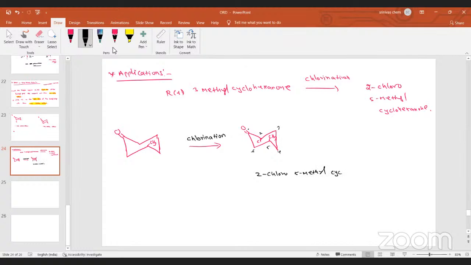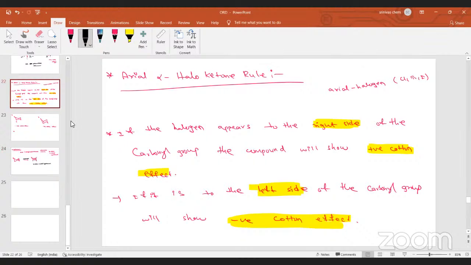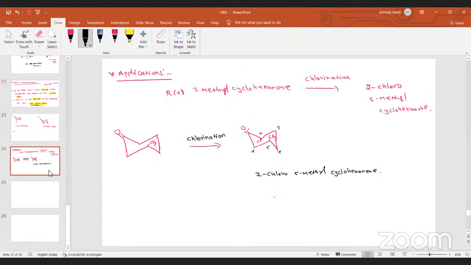Here the halogen is presented on the left side of the keto group. According to the alpha haloketone rule, if the halogen is on the left side of the carbonyl group, it will show a negative Cotton effect.